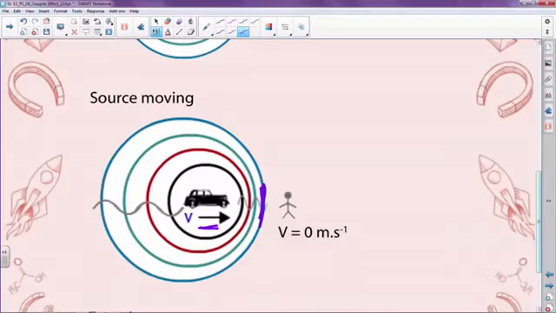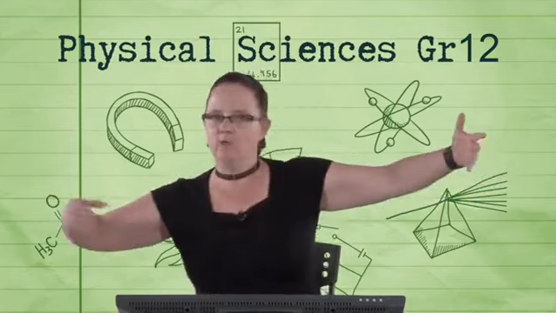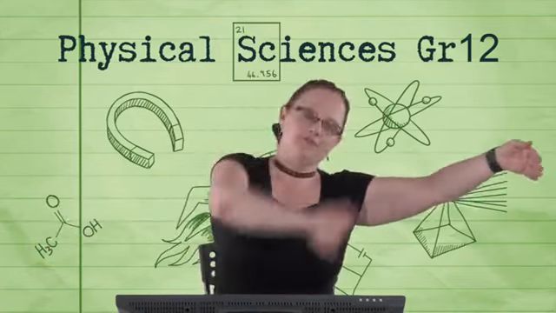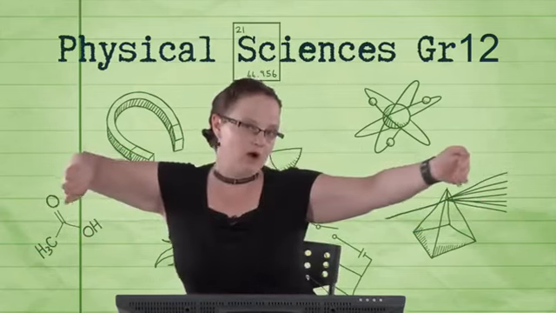Now, to someone standing on this side, what's happening is the wavelength, because the waves go all over, the wave comes, but now the car's moving away, and when it creates the next wave, it's further away than the first one. So now the waves are going further and further apart.